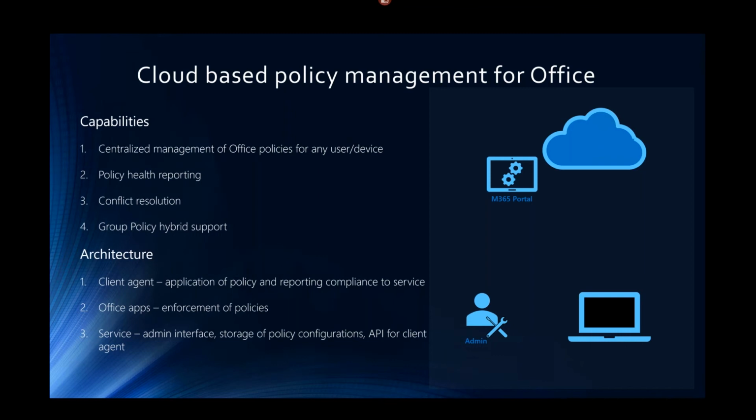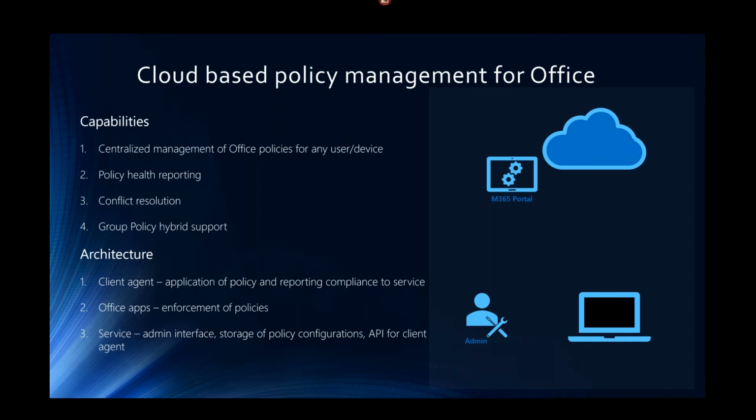And there is also hybrid support. So if you've got group policies in your Active Directory domain, we have hybrid support for that. Basically, the way this works is that there is a client agent that allows you to apply the policy and report compliance to the service back up in Office 365. And then the Office apps themselves provide the enforcement of the policy.